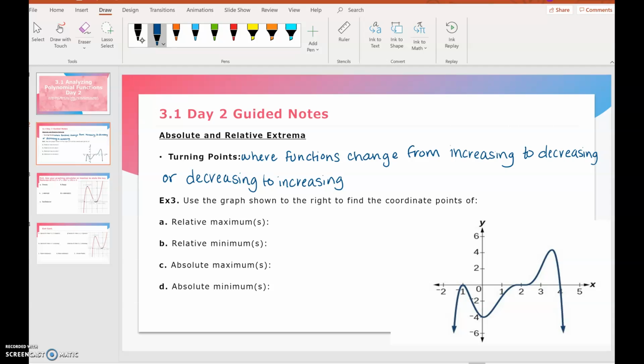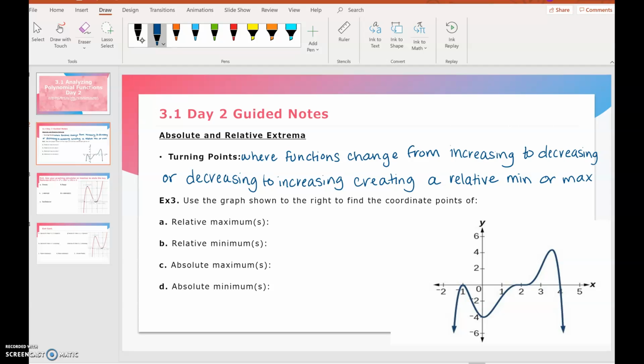Okay, when it does that, it creates a relative, and we'll talk about why it's a relative in a minute, min or max. Okay.